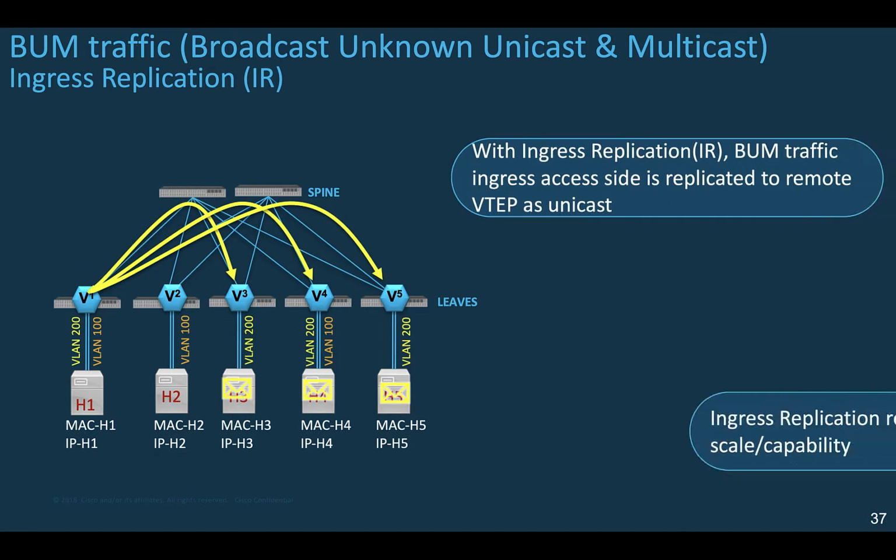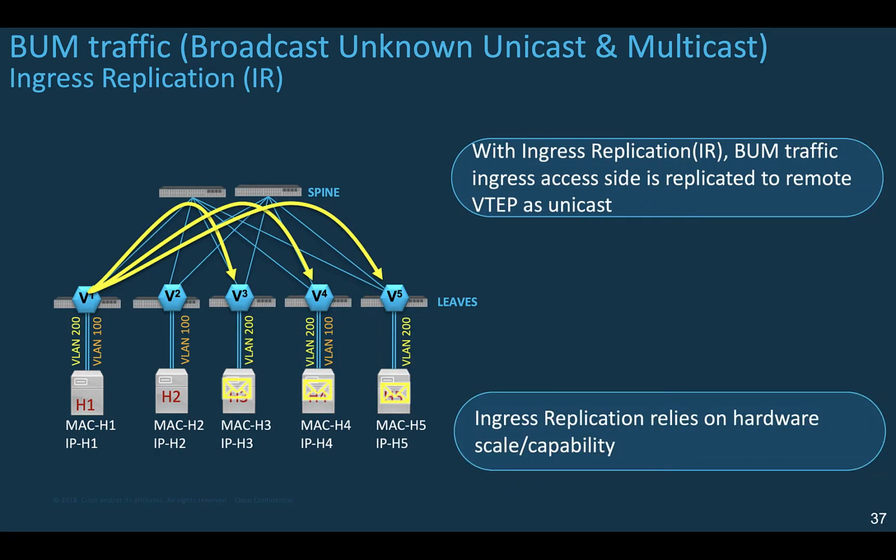VXLAN also supports the ingress replication as an alternative method to replicate the BUM traffic to all destined VTEPs of interest. Ingress replication is a unicast-based replication. Sometimes it is called head-end replication. Some customers may not be comfortable deploying multicast in their data center fabric for any reason. Those can use the unicast-based ingress replication.